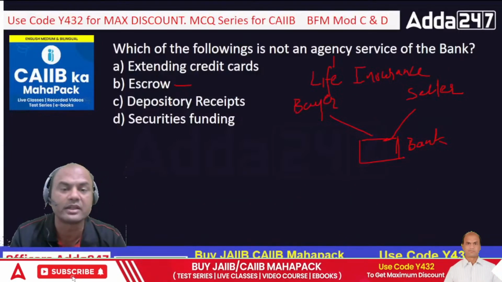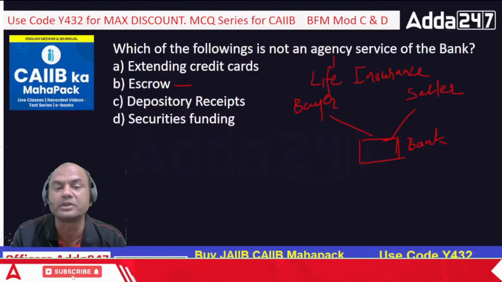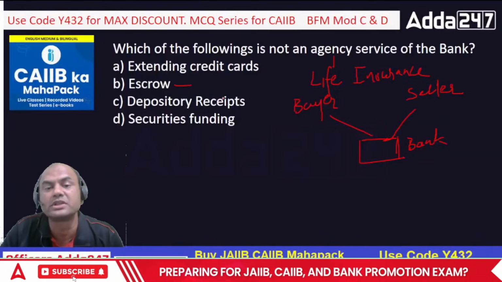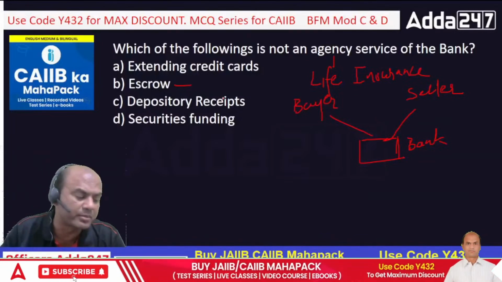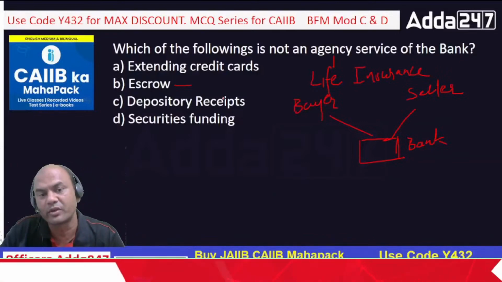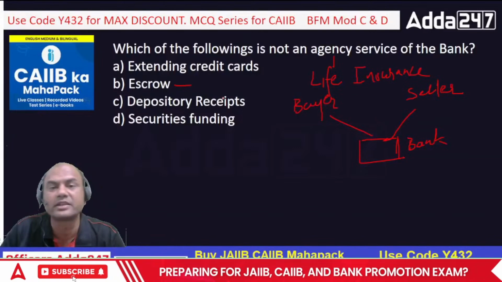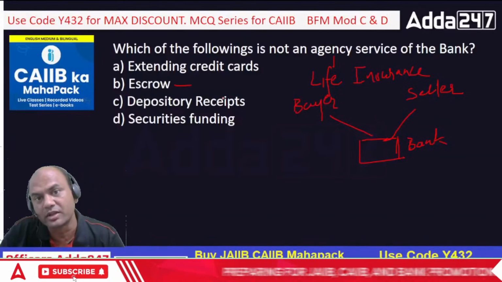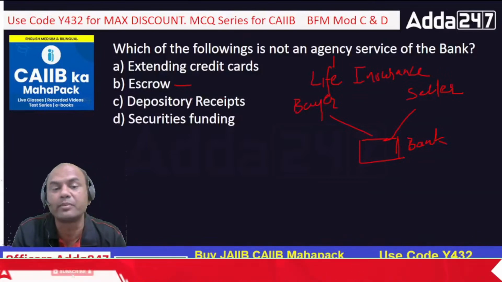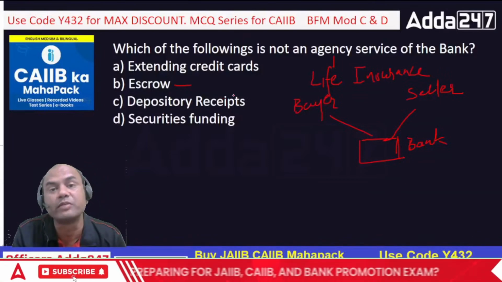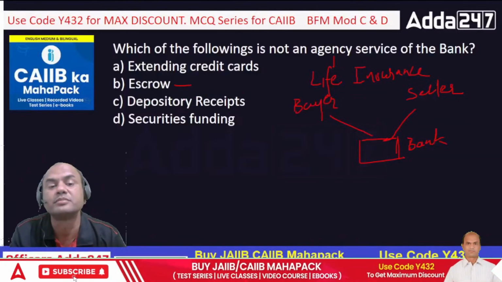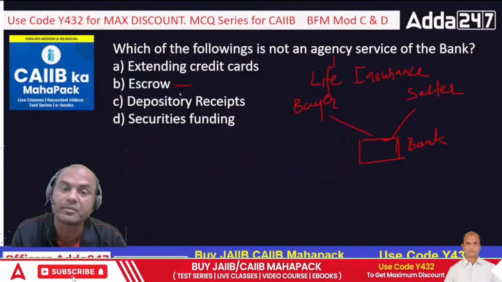Next one, depository receipts. Depository receipts means DR. The bank issues the depository receipts. Now if the bank issues depository receipts on its own behalf, then it is not acting as an agent. But if that bank is giving the depository receipts of someone else, acting just as an agent, like we have these IPOs which are coming in.